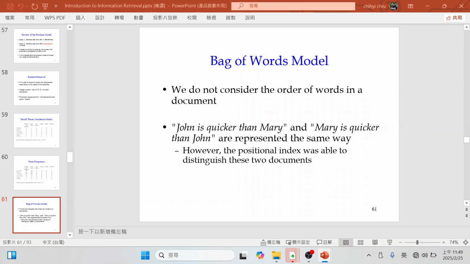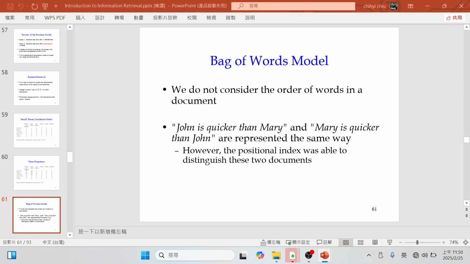But if you want to capture the position and the order between words, you can use another way to extract features, not only counting word frequency. Maybe you can count two words appearing together, for example "John is", use this as a two-word unit and count how many times it appears.